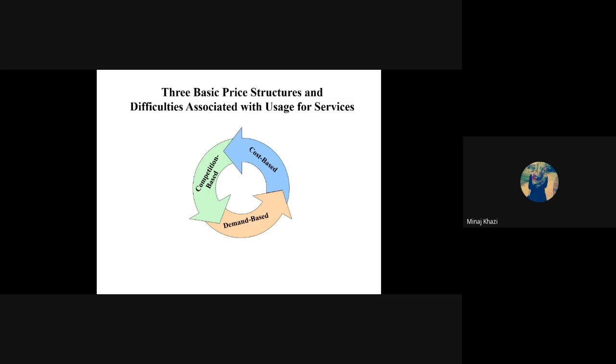The labor costs, some people may ask more, some people may ask less based on the experience. So even that has to be taken into consideration before you go for pricing of a particular service or a product. Next is cost may not be equal to the value the customer perceives. That means you think you are paying more for less.